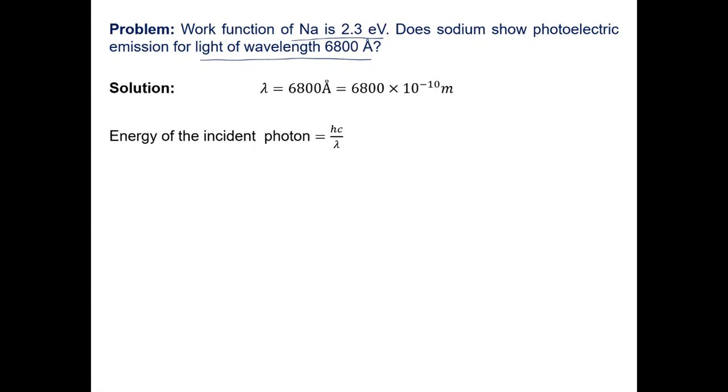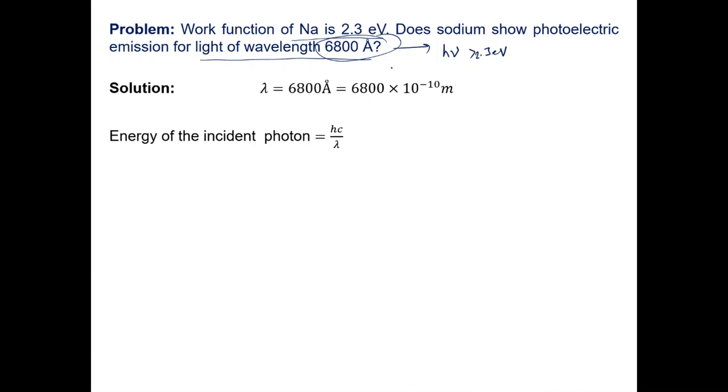So all we have to find is the energy of the incident light, and if this will correspond to a certain h nu, and if this h nu is greater than 2.3 electron volts, then yes, there will be a photoelectric effect. If it is not, then there won't be.